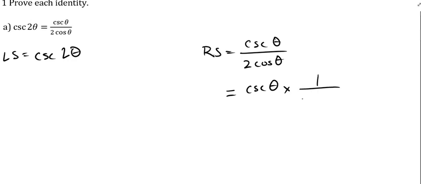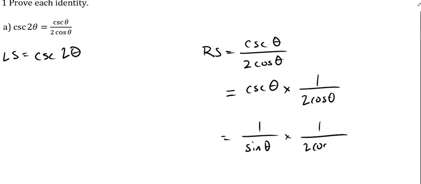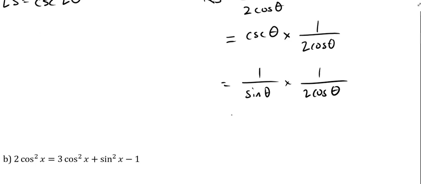Nice, 1 over 2 cos theta, which is 1 over sine theta times 1 over 2 cos theta, which is what? 2 sine theta cos theta.